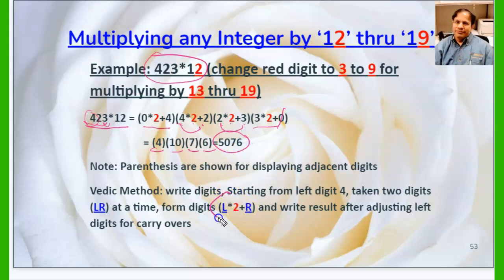So the magic is this: we take 2 digits at a time, and the left digit we multiply with whatever multiplier that we have. Either 12 means 2, if it is 13, then the digit is 3, and so on. Then add the right digit and adjust for carry over.